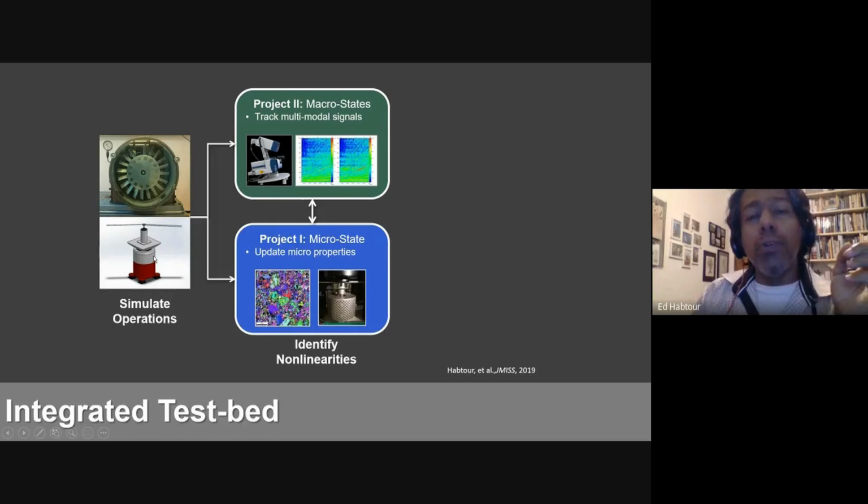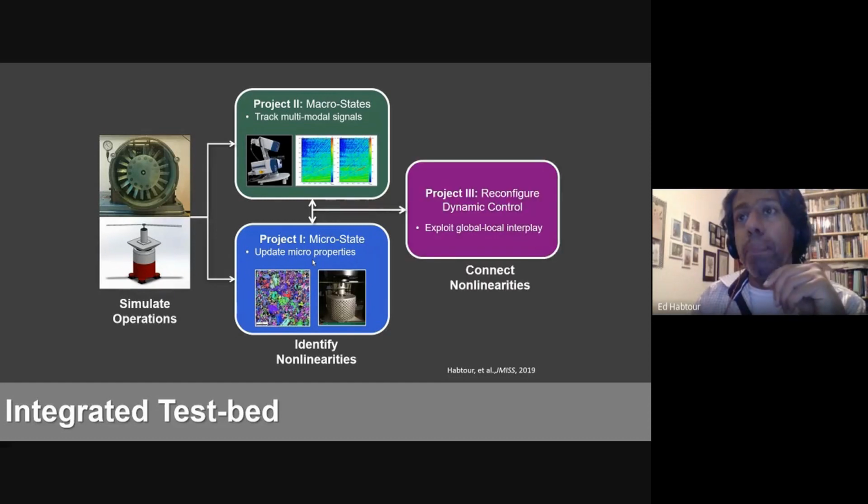You can also look at it at the meso microscale and do interrupted testing: analyze your sample, go back, fatigue it some more, and then bring it back to the lab. Or in some instances, you can do the characterization in situ while you're testing, using non-destructive evaluation or structural health monitoring.